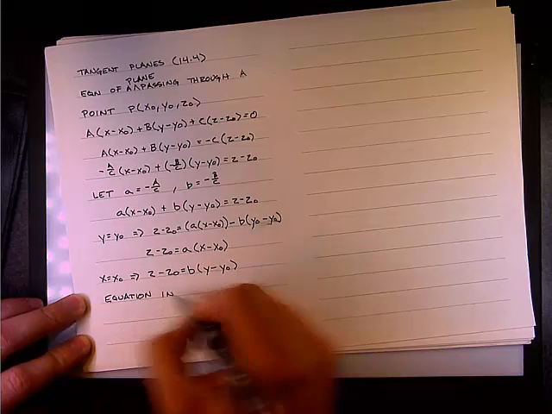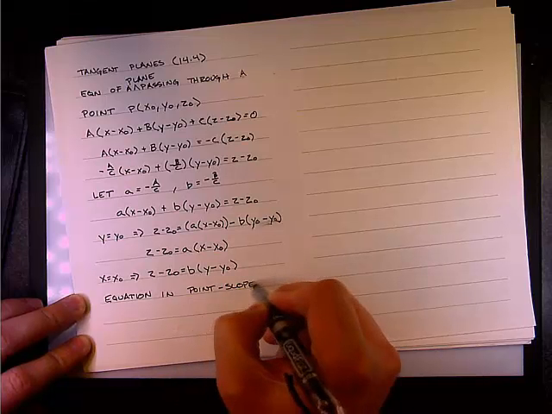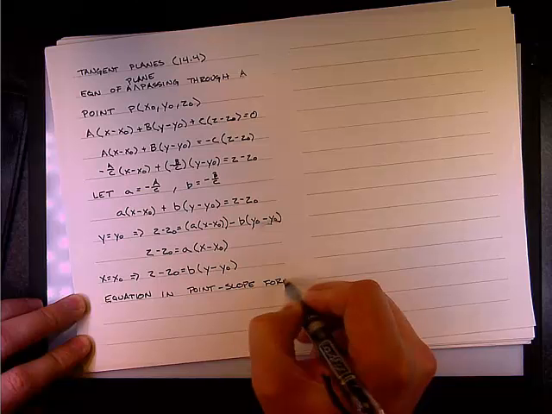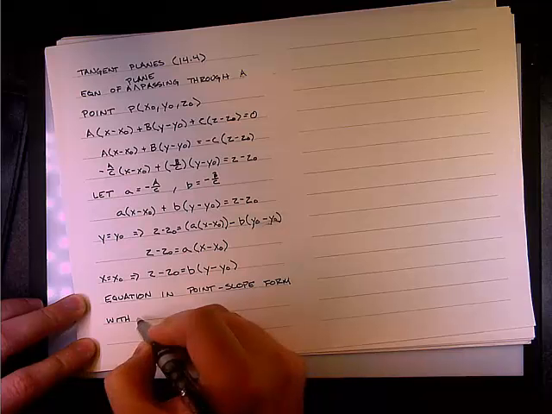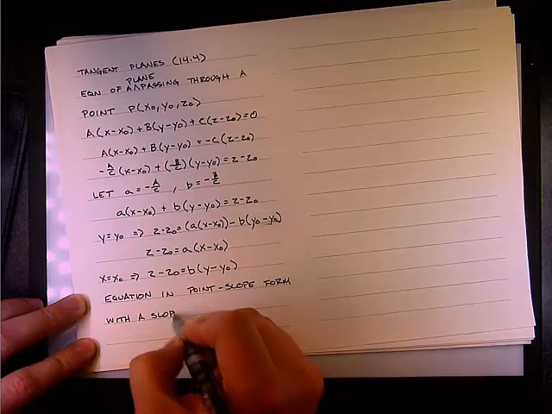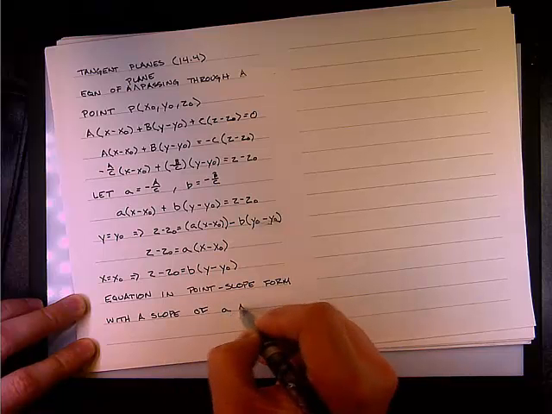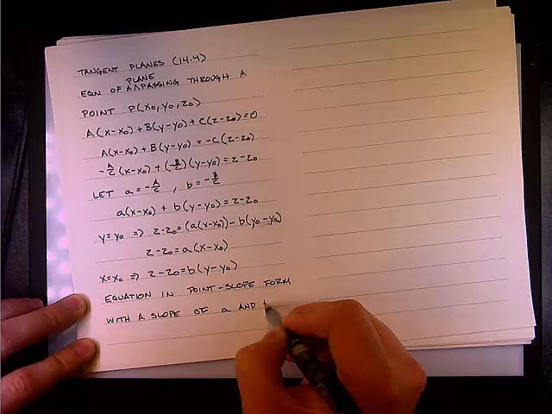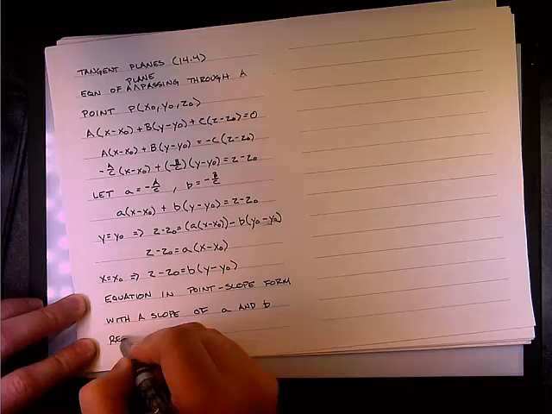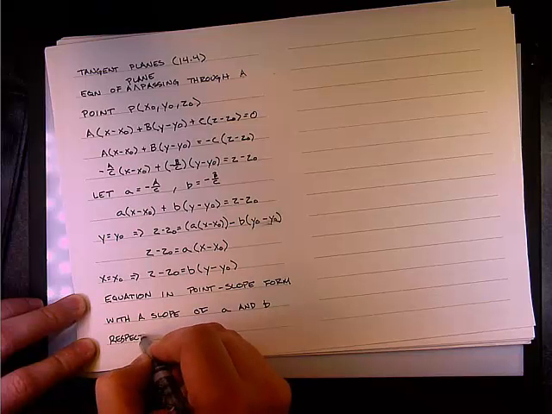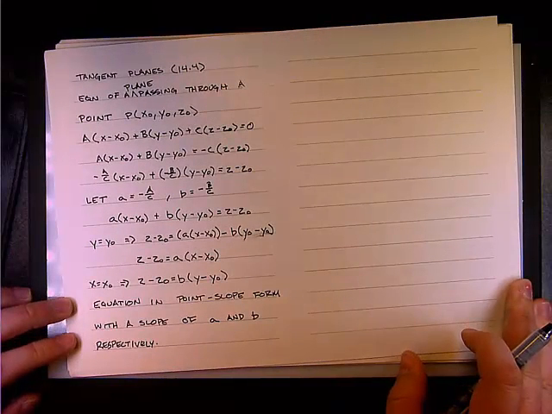We're going to say we have an equation in point-slope form, with a slope of little a and little b, respectively, to those two equations.